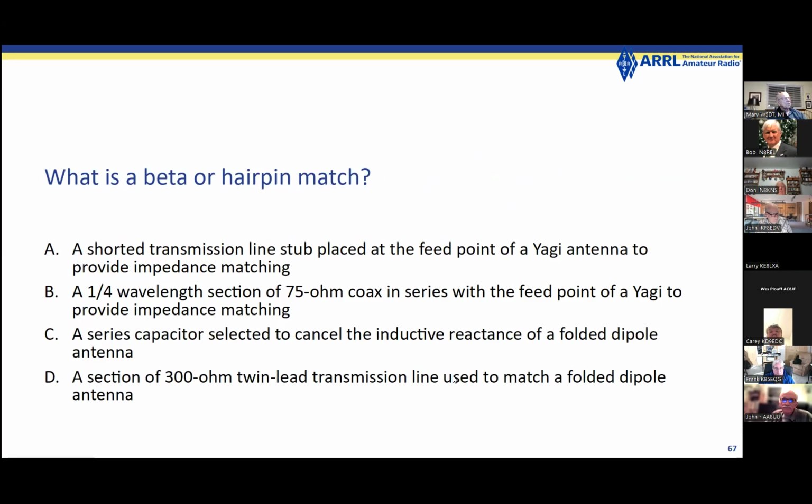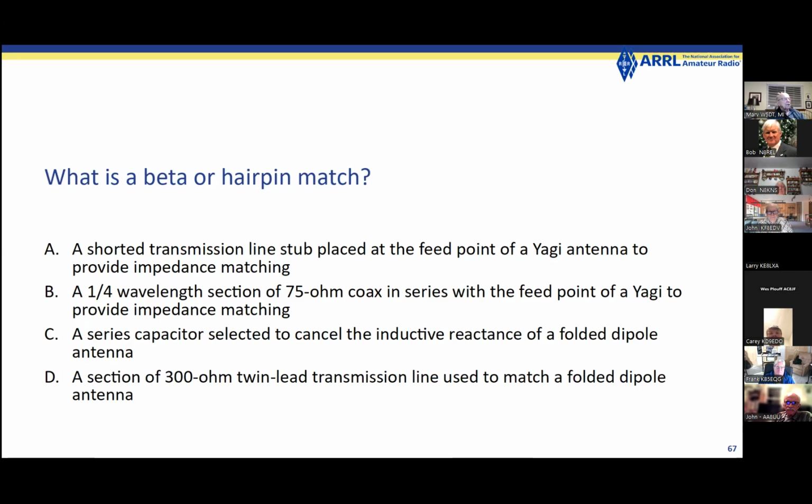What is a beta or hairpin match? A shortened transmission line stub placed at the feed point of a Yagi antenna to provide impedance matching. A quarter wavelength section of 75 ohm coax in series with the feed point of a Yagi to provide impedance matching. A series capacitor selected to cancel the inductive reactance of a folded dipole antenna.